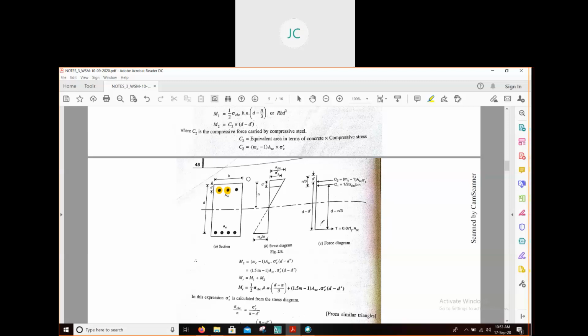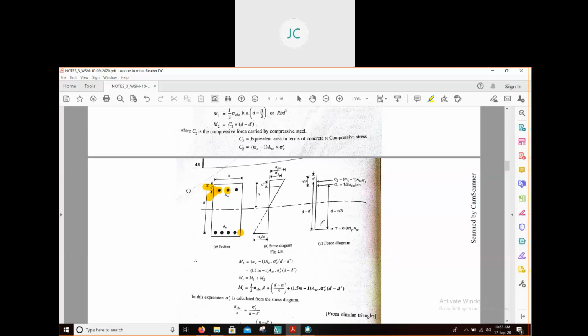After drawing these 2, you will write that these are 2 number of 12 mm diameter bars, and in place of B you write down the value, in place of D you write down the value, in place of D dash you write down the value. This way you have to draw.